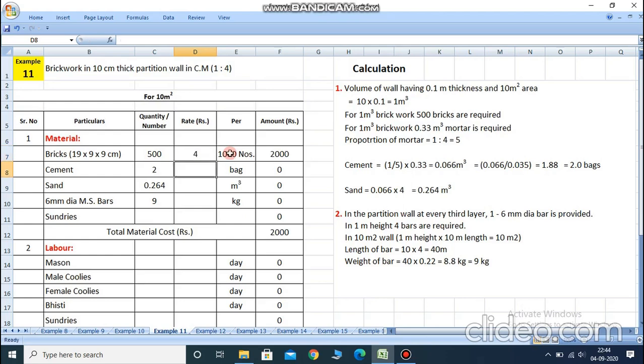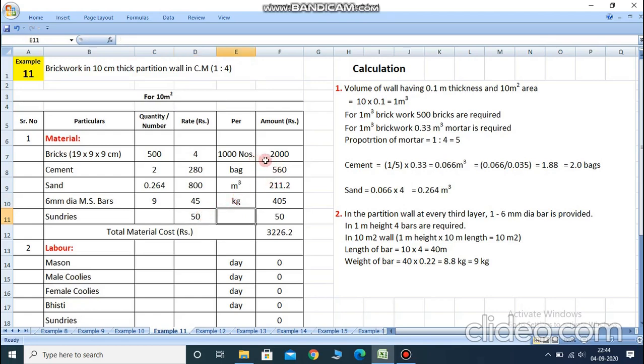So we write here 4. Then the cement rate is 280 per bag, sand is 800 rupees per cubic meter, 45 rupees per kg for mild steel bar, and an extra cost of 50 rupees we included as sundries.